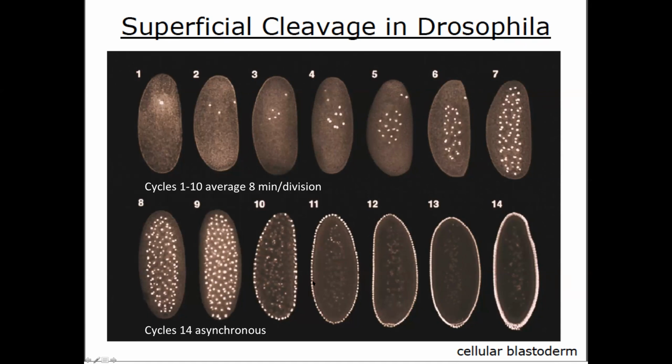The development slows down. It is not as fast as seen in a diploid embryo. By reducing the amount of chromatin, you can slow down the development.